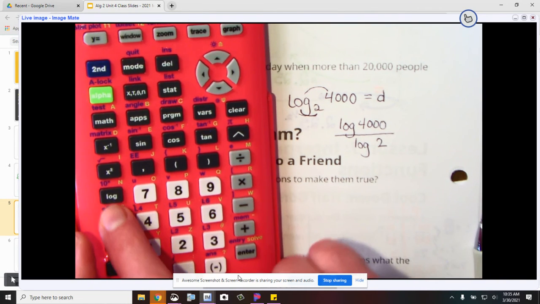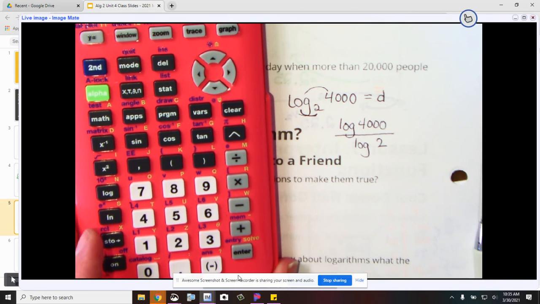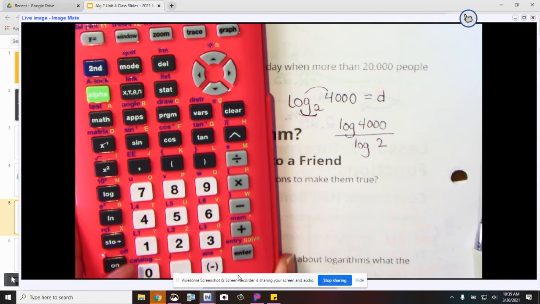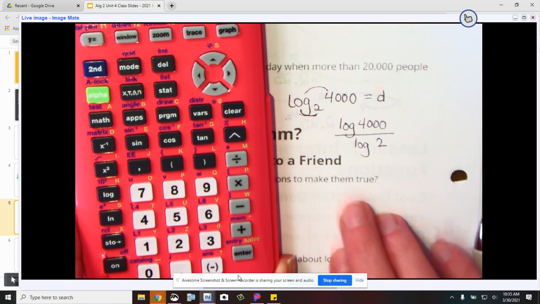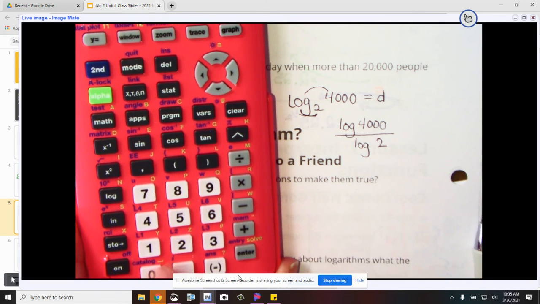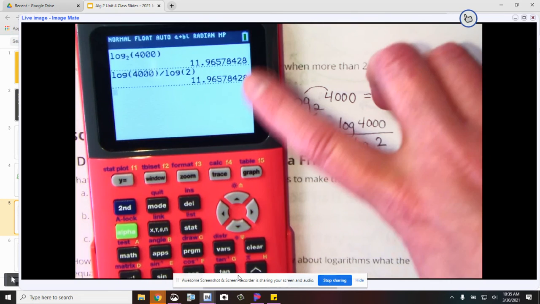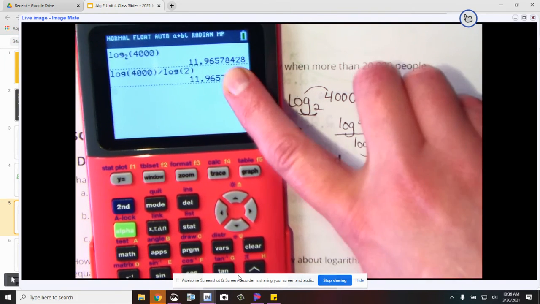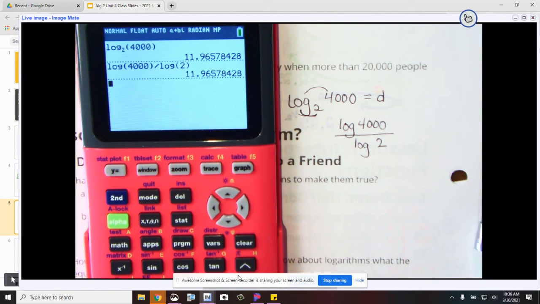So then we just have a log button, and if you're using something like a cell phone calculator, your cell phone has a log button to it. And so you could do log of 4,000 divided by the log of 2, and we would get the exact same answers going on there. Log of 4,000 divided by log 2.